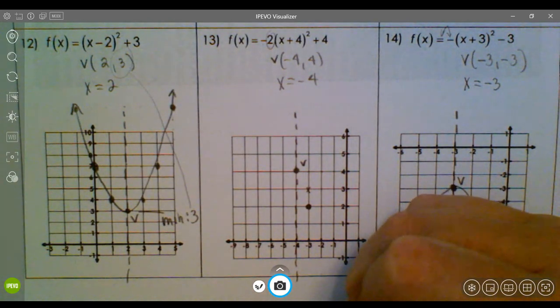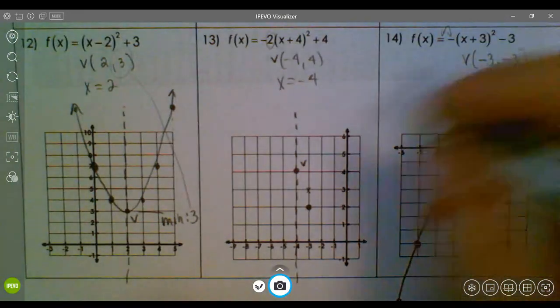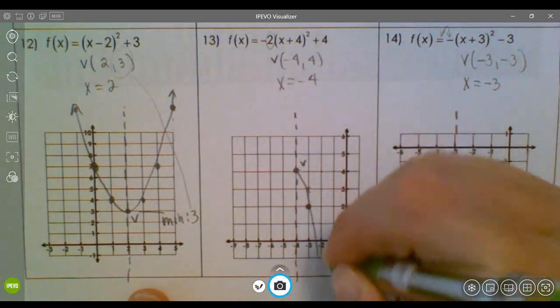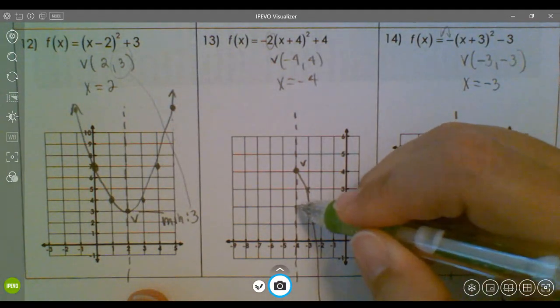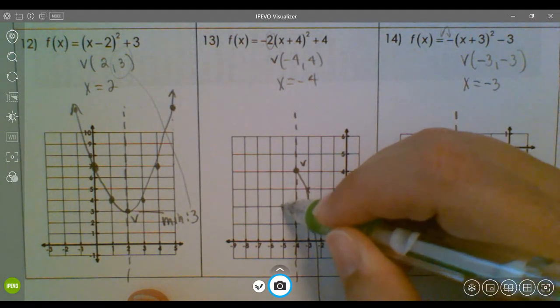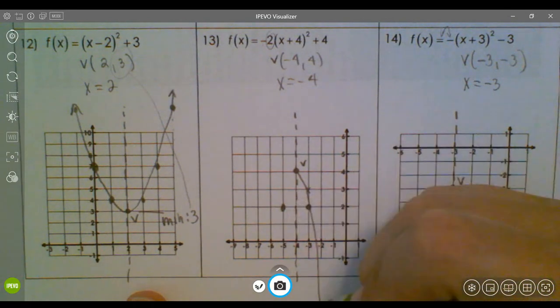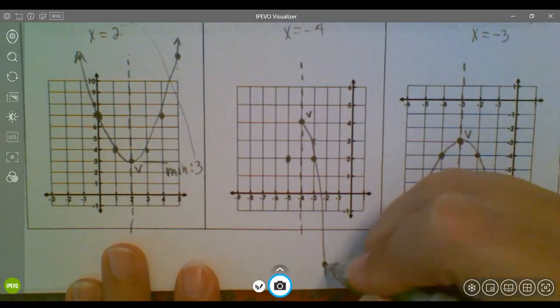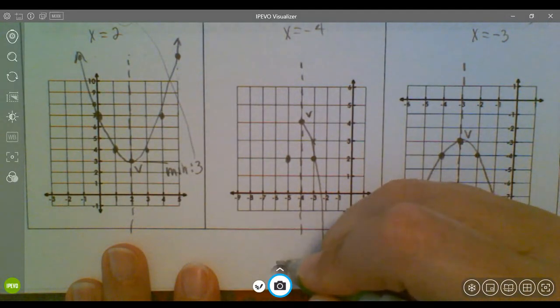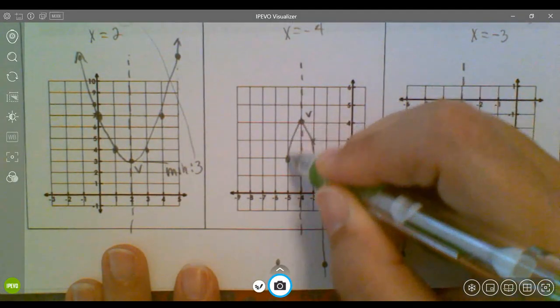So what I'm doing is I'm making a skinnier parabola. It actually grows taller faster. Let me finish this. So if I have 1 point to the right, my BOGO is 1 point to the left. If this is 2 units to the right, my BOGO is 2 units to the left.